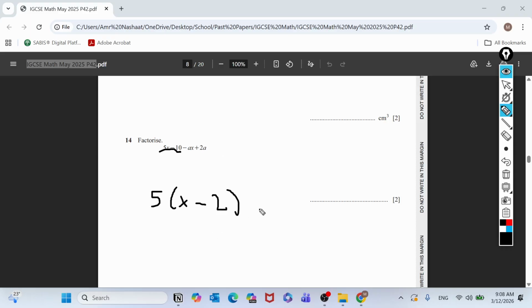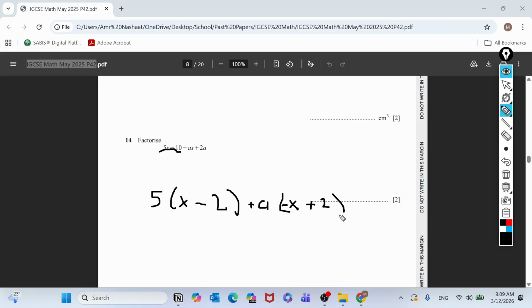You can take out a. Or plus, and then you have x plus 2. Or negative x plus 2.